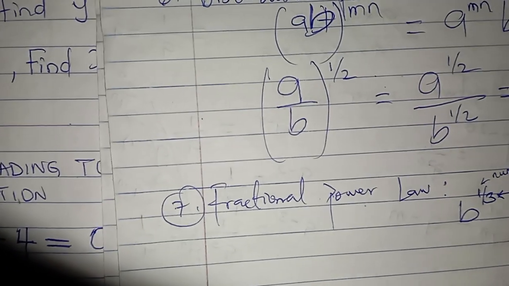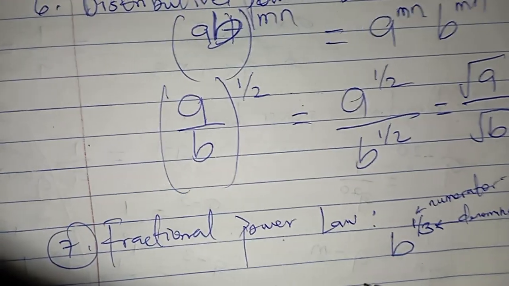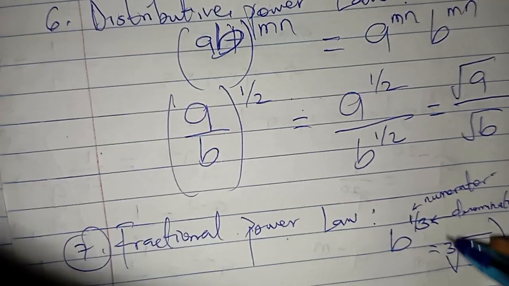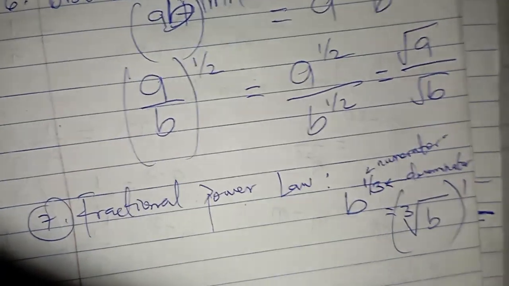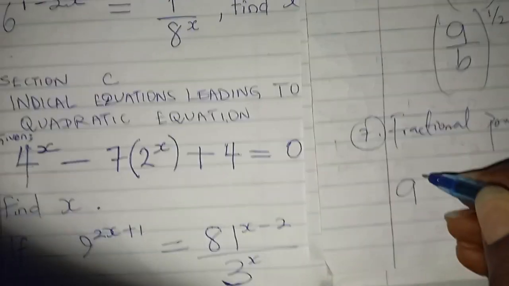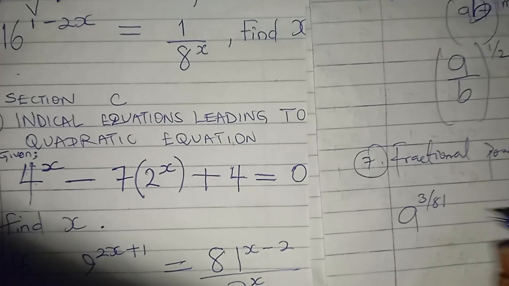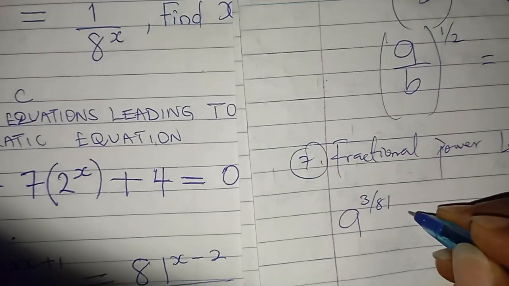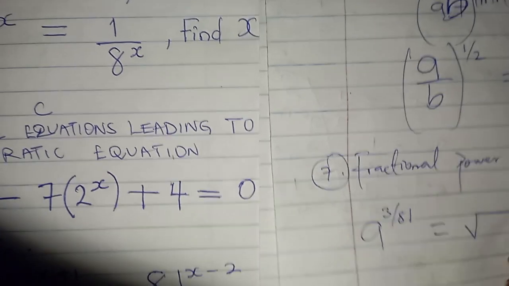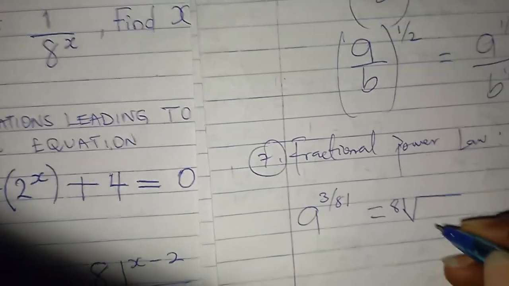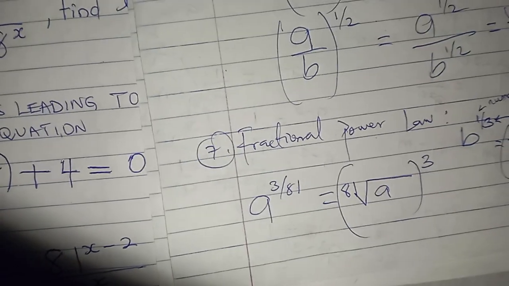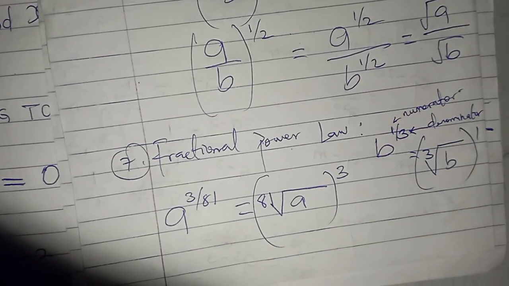This expression will now be the same thing as saying cube root of b raised to power 1. For example, if I have a raised to power 3 over 81, fractional power law says that the denominator becomes the root. So this becomes 81st root of a, and the numerator becomes the power, raised to power 3. So that is fractional power law for you.